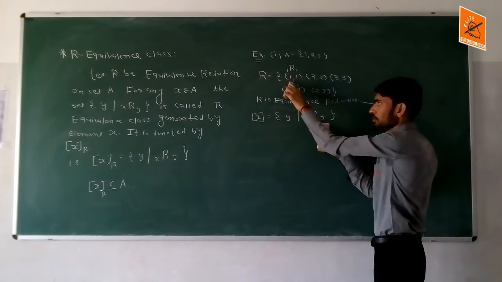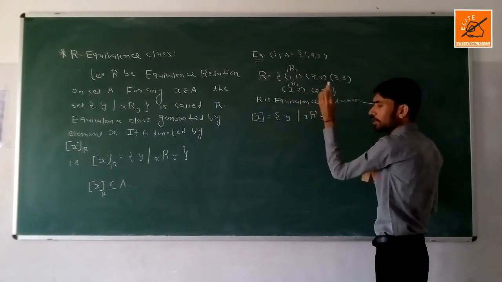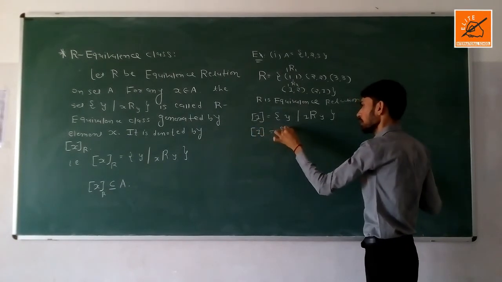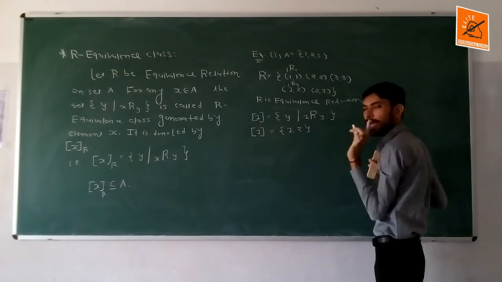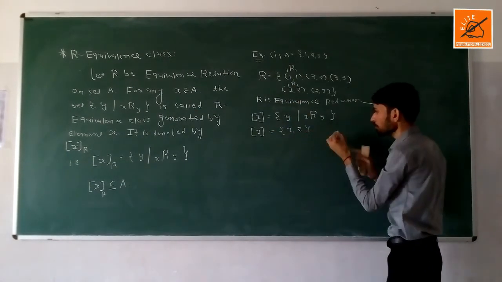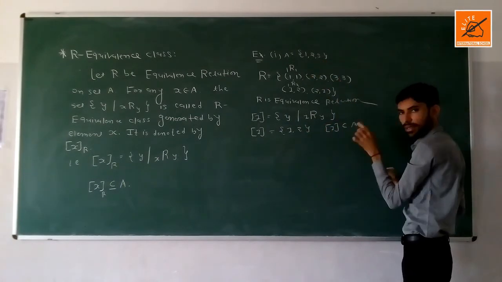So our x element is 1, to find the y. So our y is 1 and 2. So the equivalence class of 1 is {1, 2}. And observe, the equivalence class of 1 is a subset of set A.